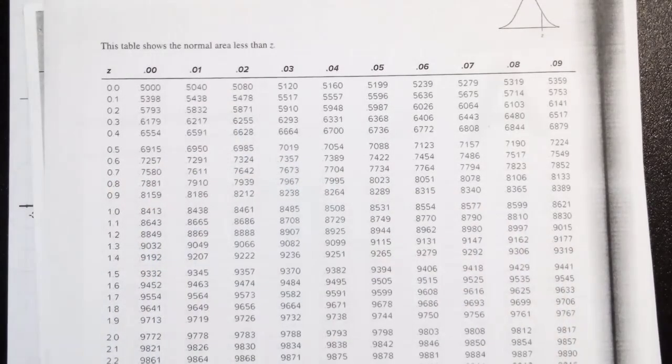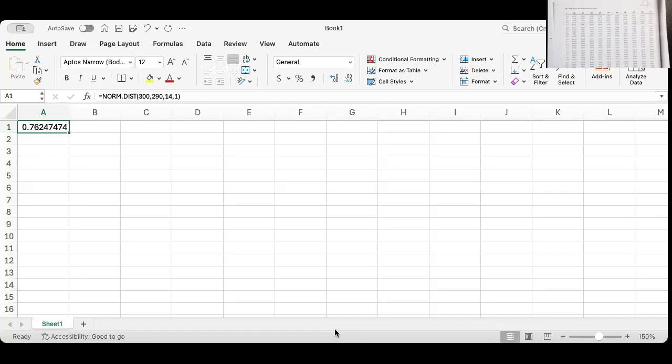But I can also do this in Excel because now I know the numbers to put in. There are two ways to do this. Remember, the norm.dist command requires me to tell it that the mean is 0 and the standard deviation is 1.